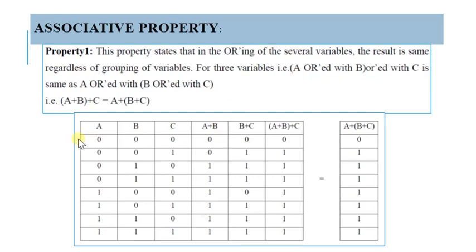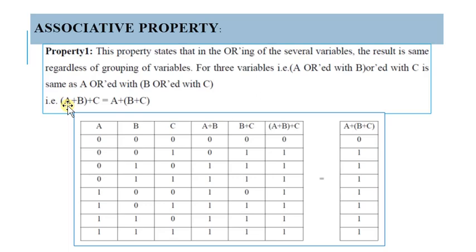So in this case, as you observe, this property states that ORing of several variables, the result is the same regardless of the grouping of the variables. So in the associative property, we are mainly grouping the variables. When we group the variables, we perform the operation over the group first and then we continue with the remaining part.